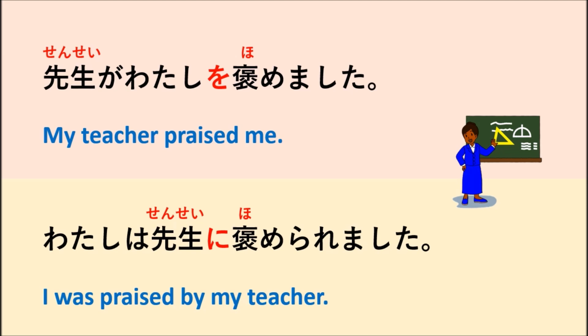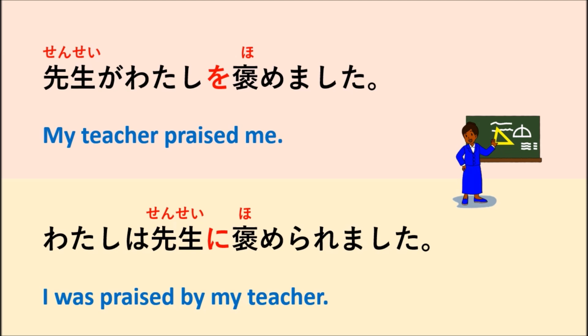What you have to notice about the second sentence is that after homeraremashita, we have sensei ni, which in this case means by the teacher. If you say Tanaka-san ni, it means by Mr. Tanaka.